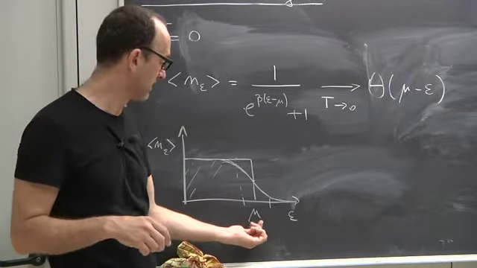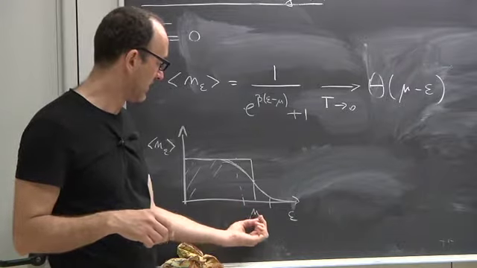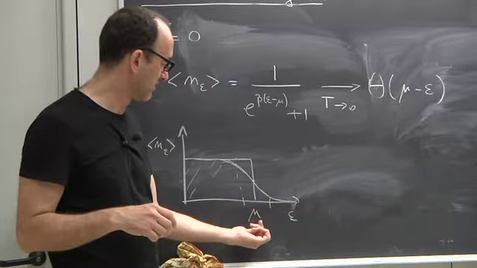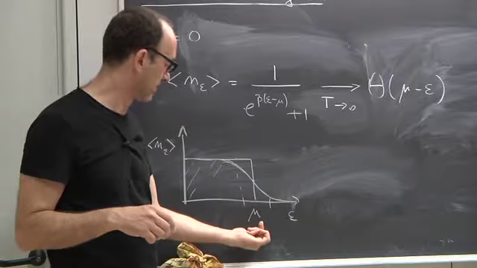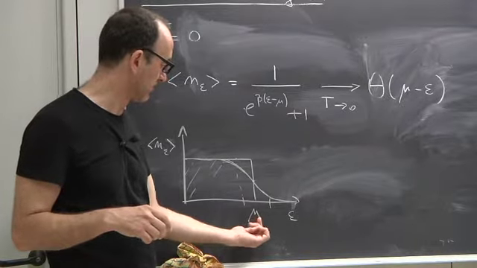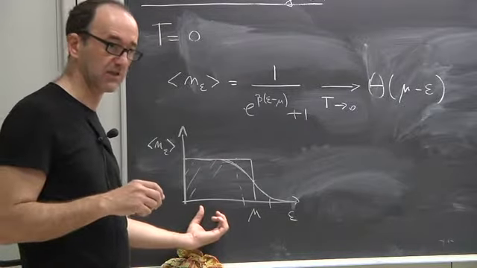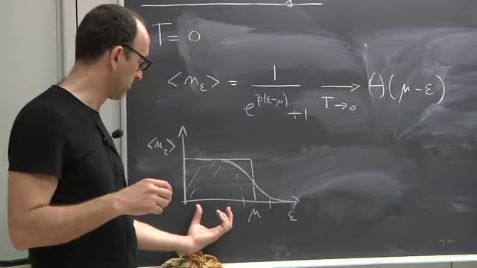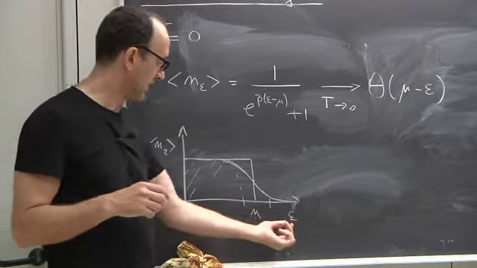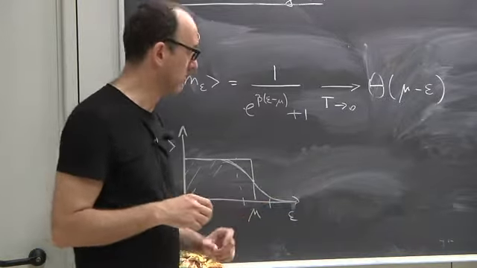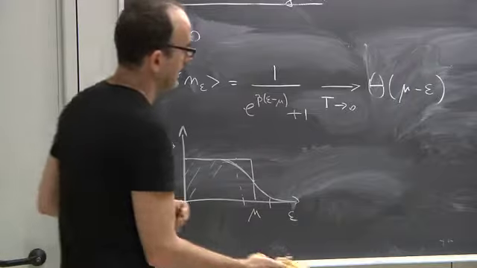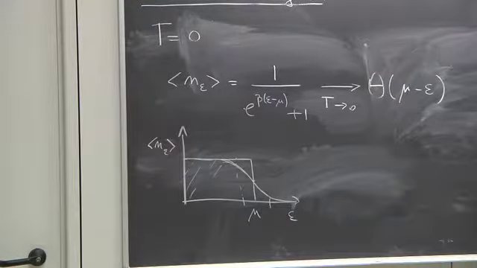Okay, so this is where the real dynamics, or the real action, will take place, because all these particles will be frozen in their states by the Pauli exclusion principle, and all these energy states will be empty.